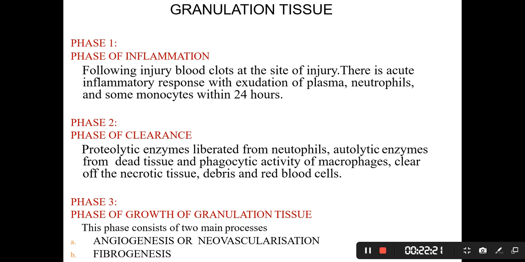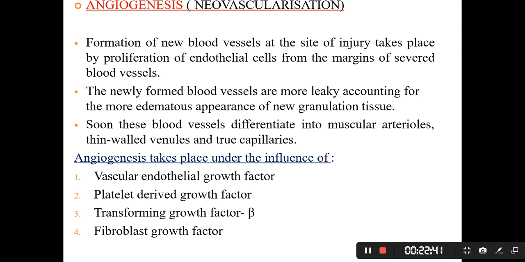And granulation tissue generally has two things in it. It is red because there are so many new vessels which have formed there, and the new vessels have also helped in developing the fibrosis, okay, because fibrous cells require blood and nutrients to grow, right? So there are new blood vessels forming in the place and there is fibrosis happening. Now what is angiogenesis?